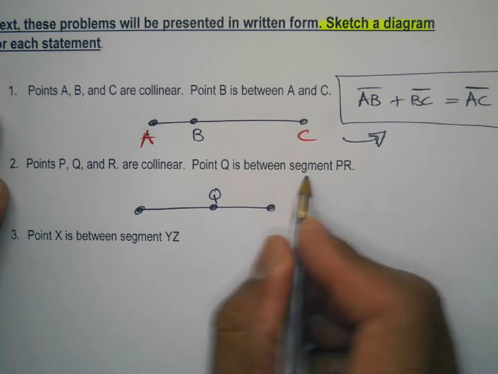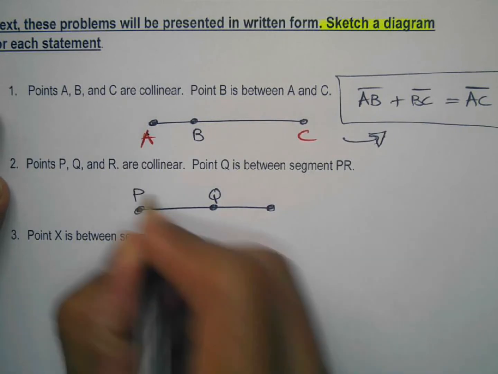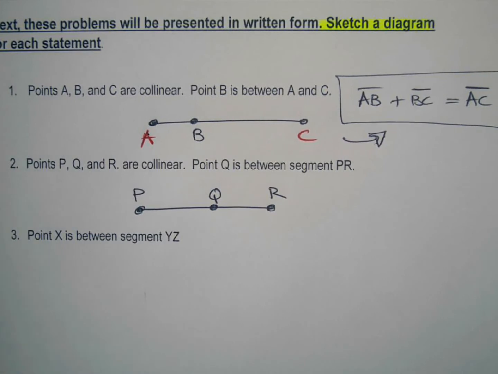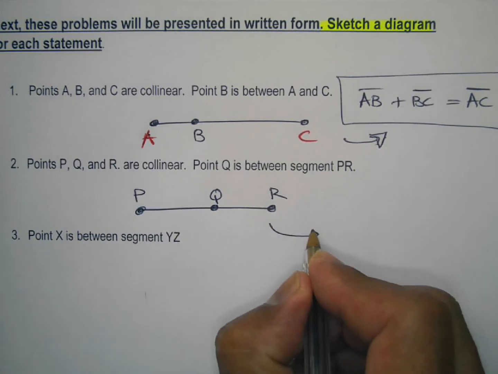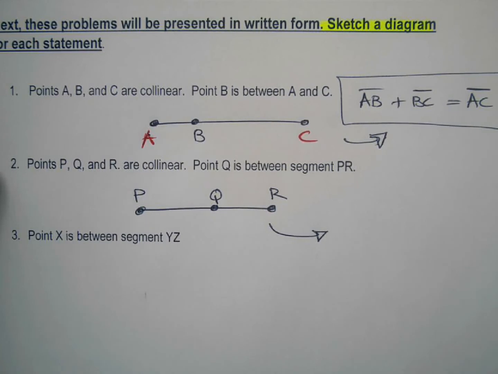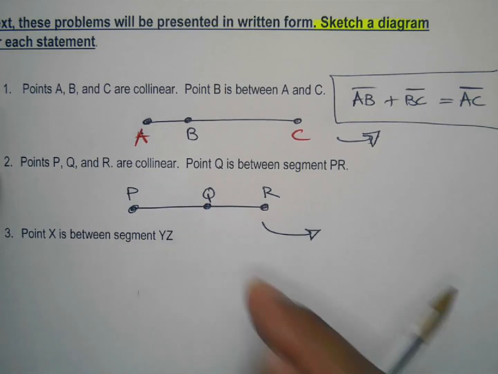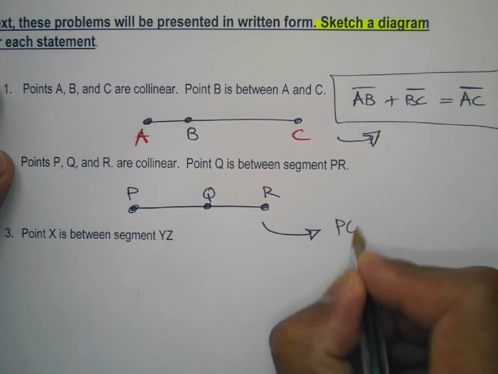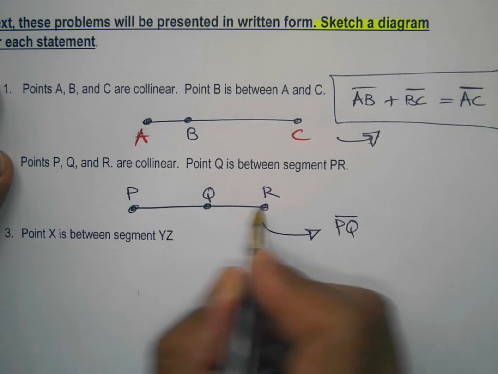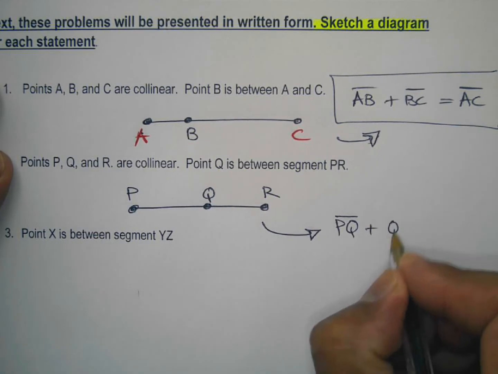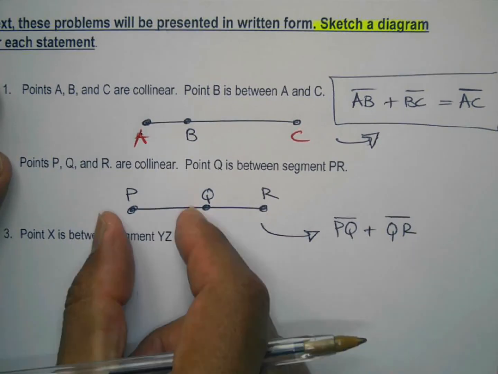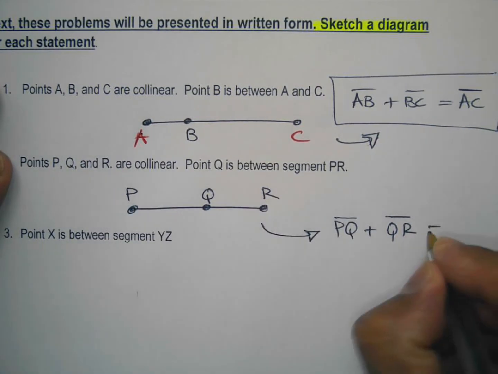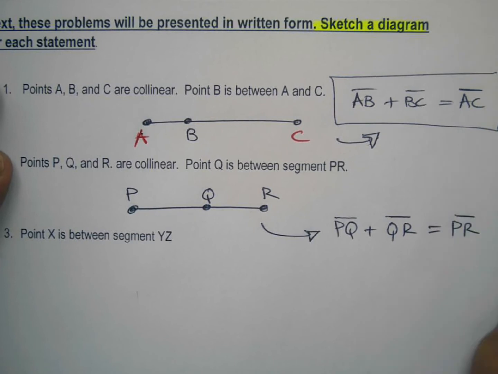Q is between what? The segment PR. And then again, what equation would you be able to understand from this? The segment addition postulate. That means that if I add this segment, PQ, and I combine it and I add this other segment to it, which is QR, this piece plus this piece will be equivalent to what? To PR.